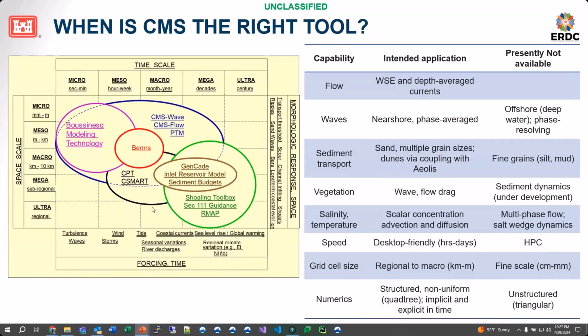And this just kind of explains where some of the other ERDIC models kind of fit into that same scheme as well. There's a table over here that kind of gives a little bit of information about what's available with CMS. But if you have any questions, then you can contact someone here. We also have a user guide that I'm going to talk about a little bit later. That's been updated recently and should have some more information for you guys.